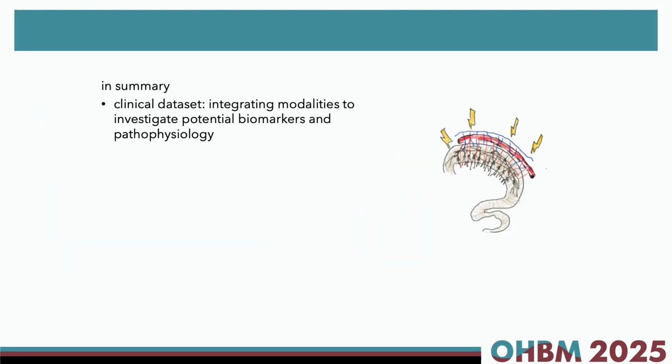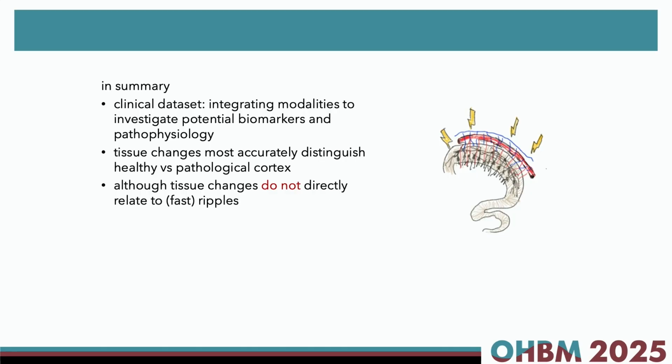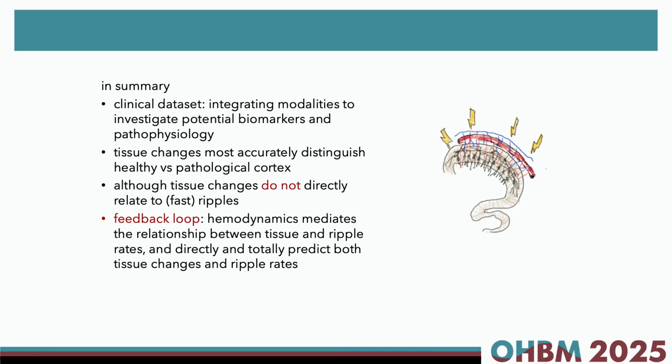So in summary, I took advantage of this clinical data set to integrate multiple modalities to see the potential biomarkers and mechanisms of pathophysiology in these epilepsy patients. And we found that with the logistic regression, tissue changes most accurately distinguish healthy versus pathological cortex, although tissue changes did not very much relate to fast ripples and mostly just ripples.